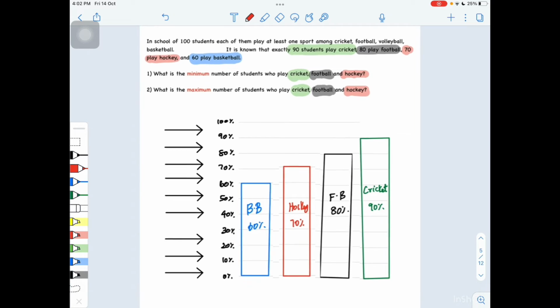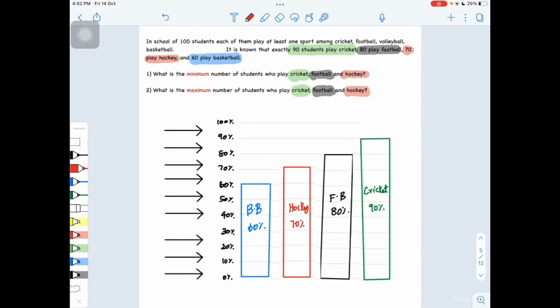So if I have to draw a light and filter architecture, this is how it would look like. 60% of the people out of 100 people are playing basketball, 70% of the people are playing hockey, 80% of the people are playing football, and 90% of the people are playing cricket.